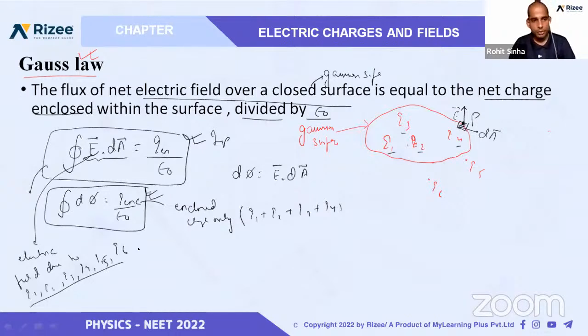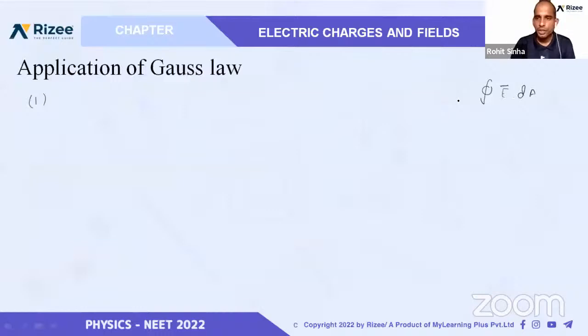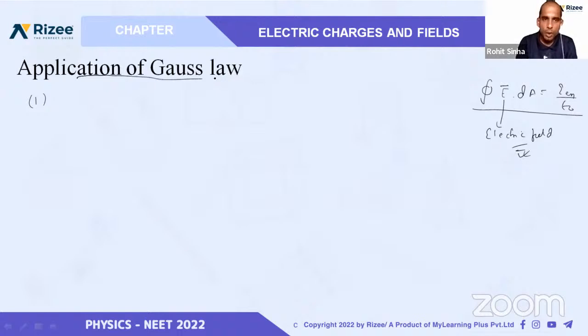Closed integration, because the surface is closed, E dot dA is equal to charge enclosed by epsilon naught. So we can see that using Gauss law, we can find the electric field. That's the beauty of Gauss law. And using that, in application of Gauss law, we will find the electric field.